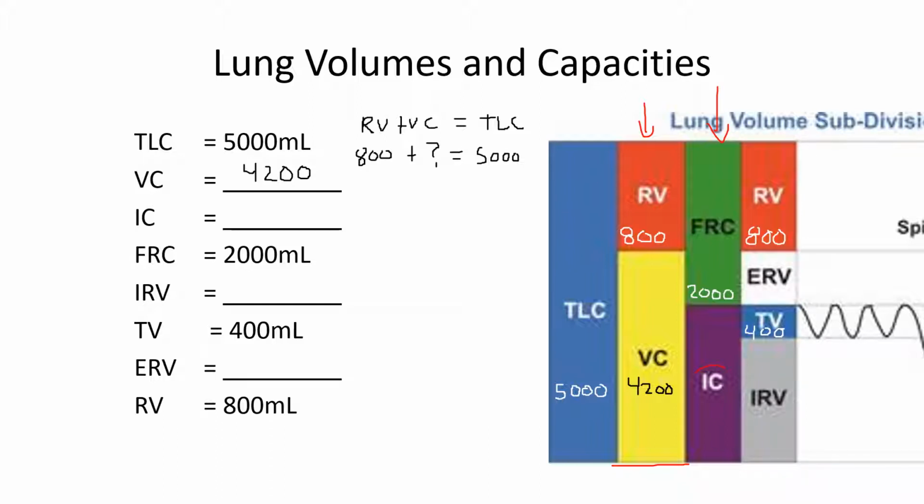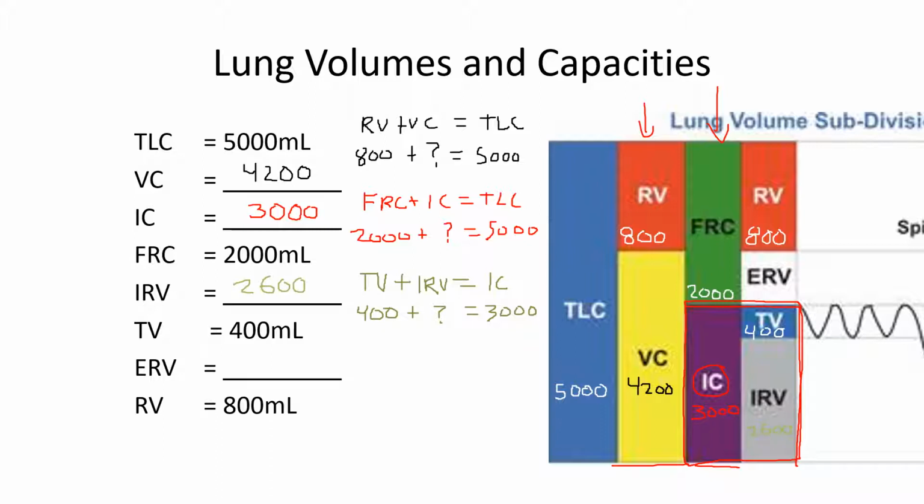Let's find this value. We know the total column needs to be 5,000. We already got 2,000. The difference is 3,000. All right, now let's find these small columns here. This column needs to be 3,000. We already got 400. Difference is 2,600.